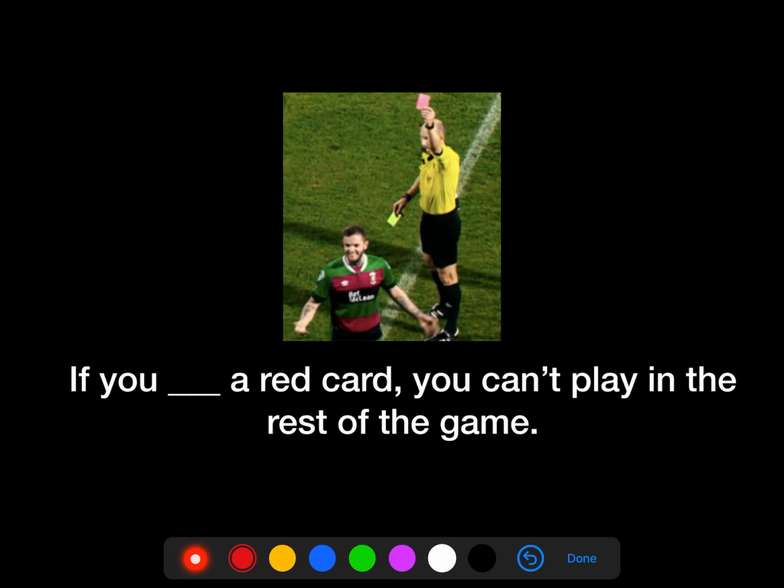Let's read the example sentence. If you get a red card, you can't play the rest of the game. One more time. If you get a red card, you can't play the rest of the game.